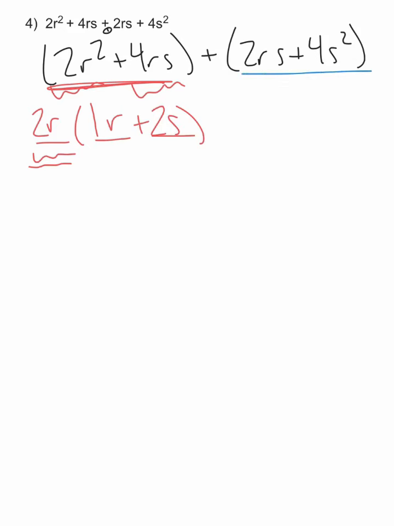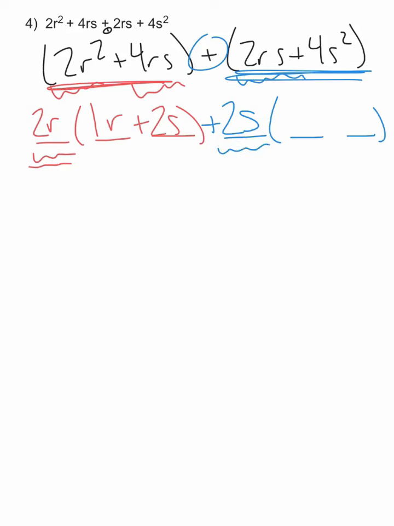Now let's go to the last two. This is a plus, so we'll bring down a plus. Blank for your greatest common factor, and then parentheses, two terms, two blanks. The greatest common factor for 2 and 4, once again, would be 2. They both have the variable s, so the smallest one, which is a plain s. Now, first term, 2rs divided by the greatest common factor, 2s. 2 divided by 2 is 1.